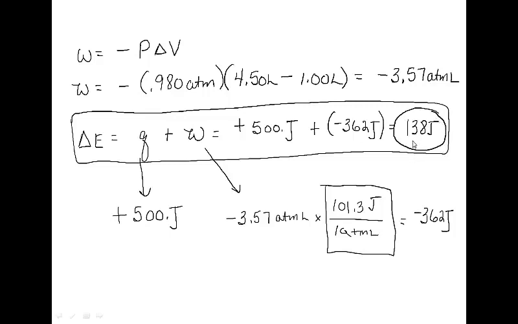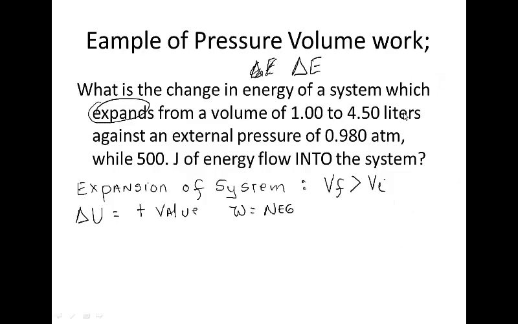This is the internal energy change of the system, and notice that the system gained an extra 138 joules because the sign is positive. That's it. Done for this section.